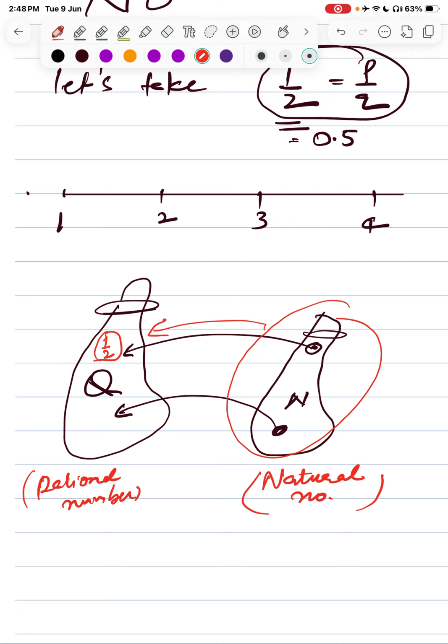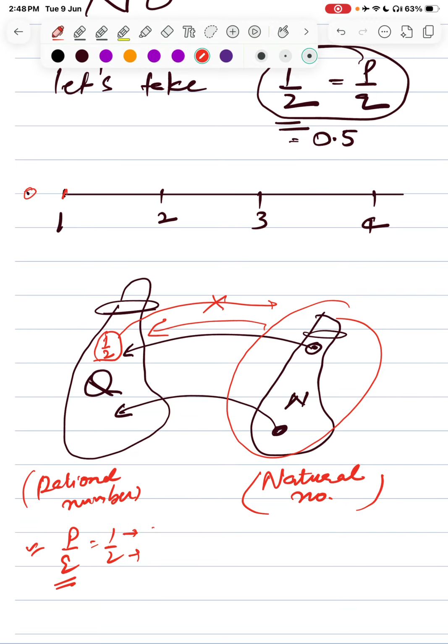It is written in p by q form, where 1 is an integer and 2 is an integer. But 1 by 2 will never be in the set of natural numbers, because the natural numbers start from 1, and 1 by 2 is way below 1.